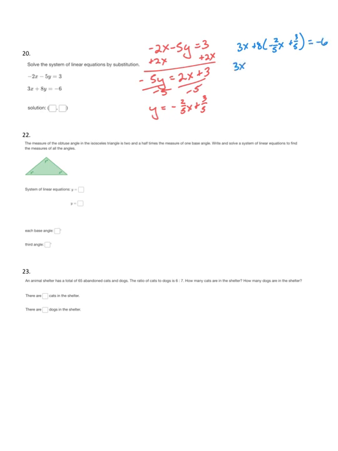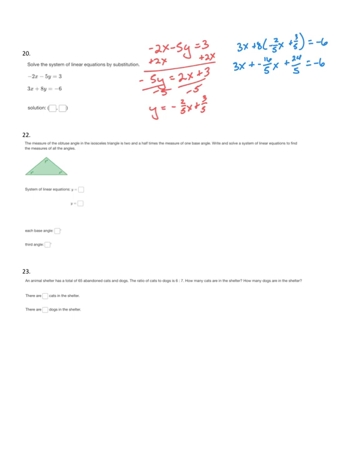So I can simplify here: 3x plus negative 16/5 x plus 24/5 equals negative 6.